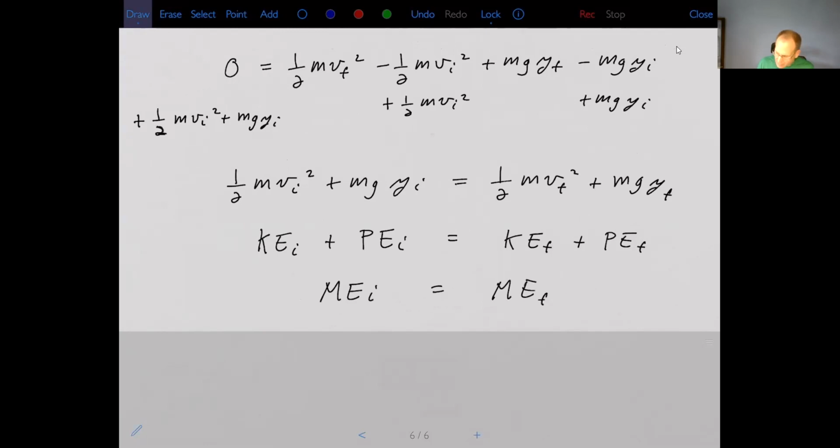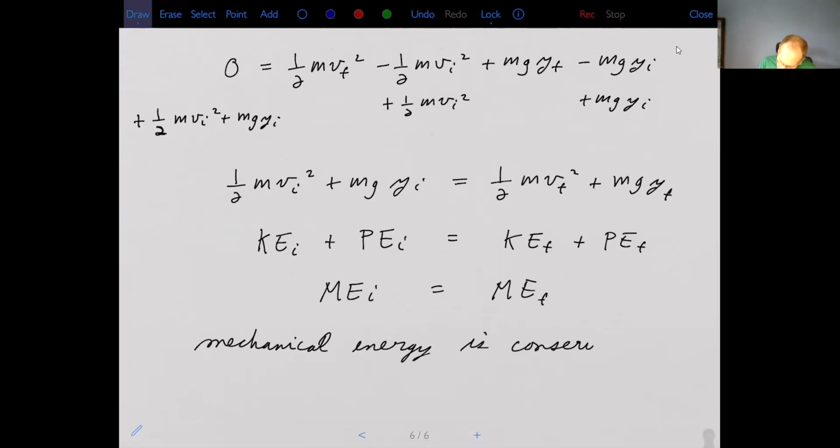So this is a situation where the mechanical energy should be conserved, right? The initial value equals the final value. So mechanical energy is conserved. And typically, if there are no frictional forces dissipating energy, or energy being put into the system, mechanical energy is going to be conserved.